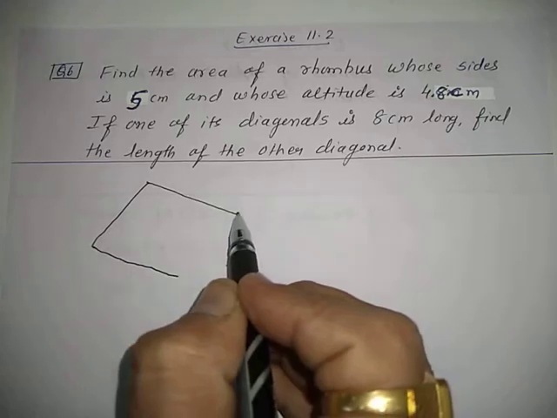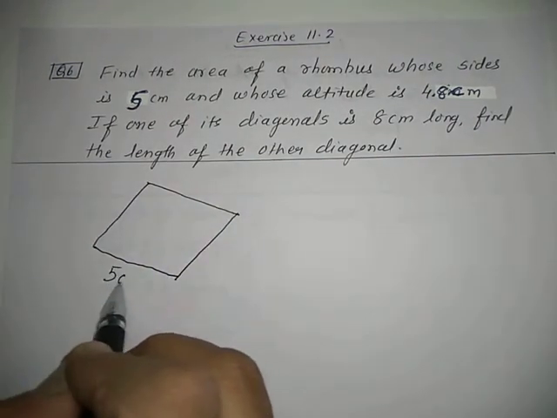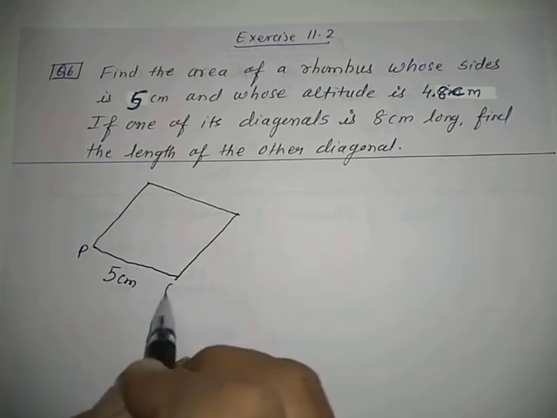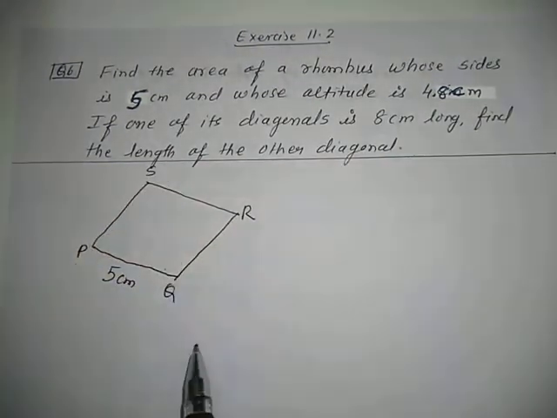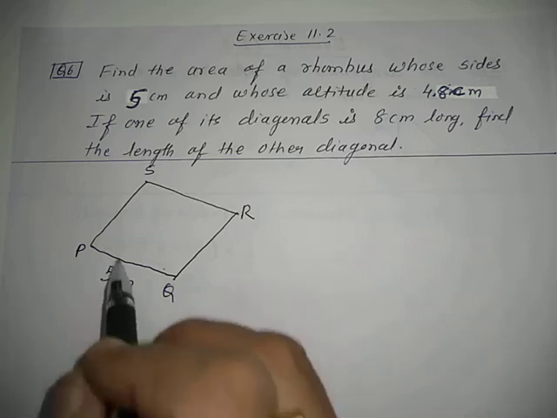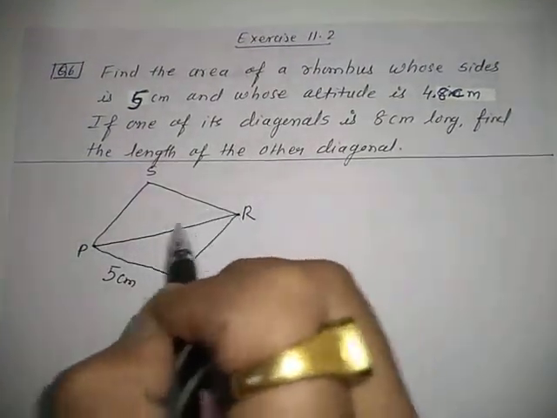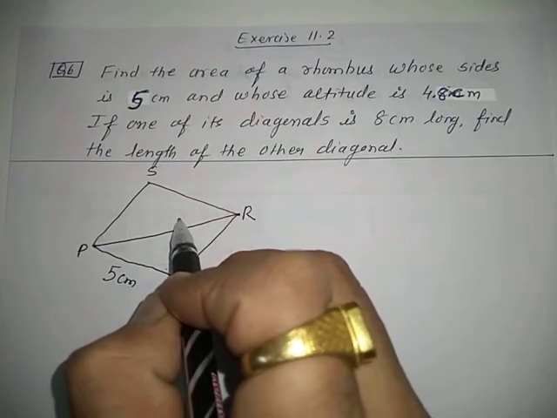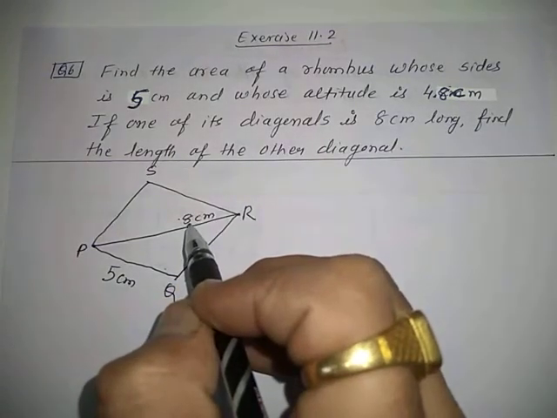one of its sides is given, that is 5 centimeter. Suppose it is P, Q, R and S. Okay, they have also given us a diagonal which is of 8 centimeter long.